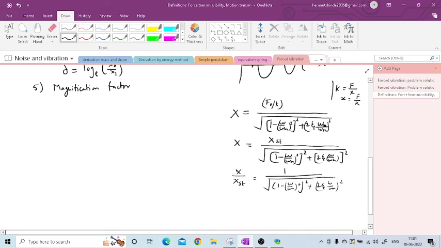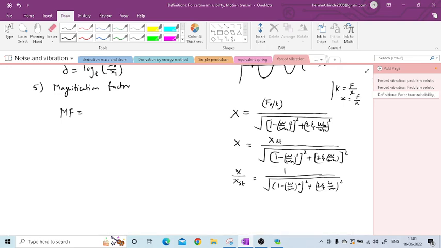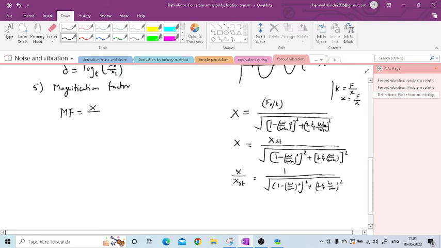Okay, now we will come to this magnification factor. The magnification factor is nothing but the ratio of x divided by xst. It is the ratio of x by xst that is called the magnification factor.